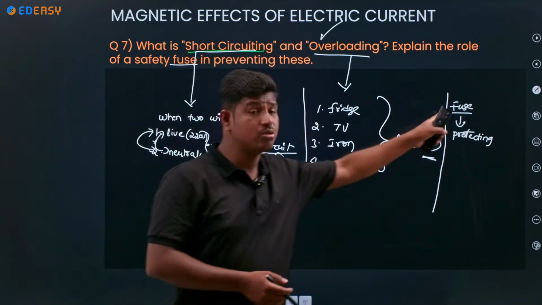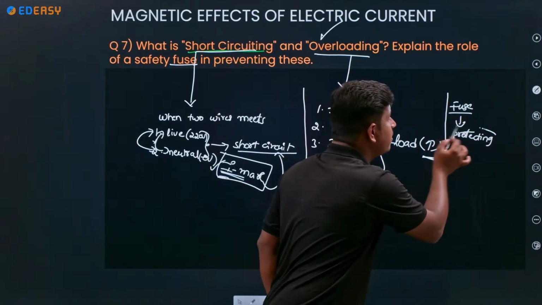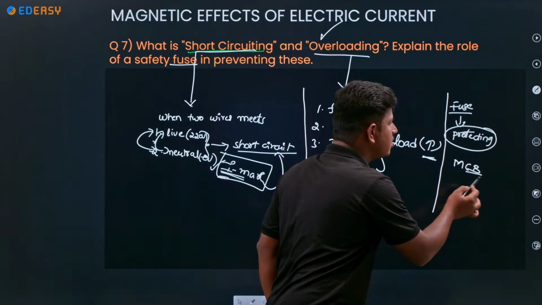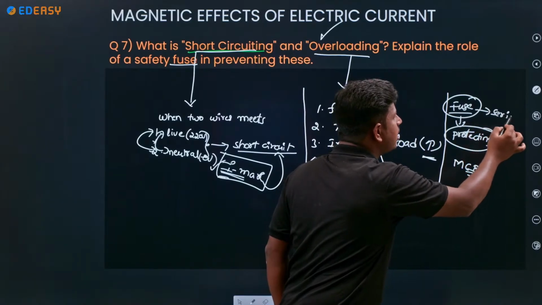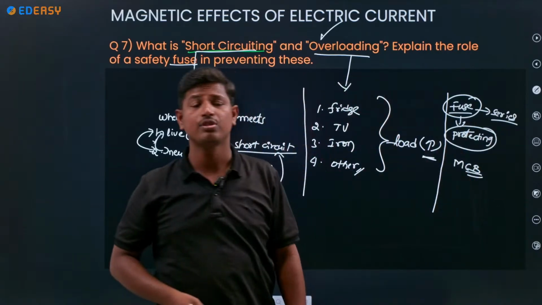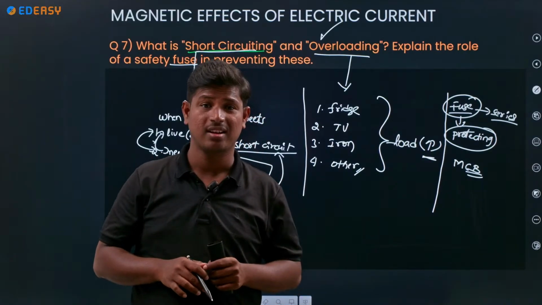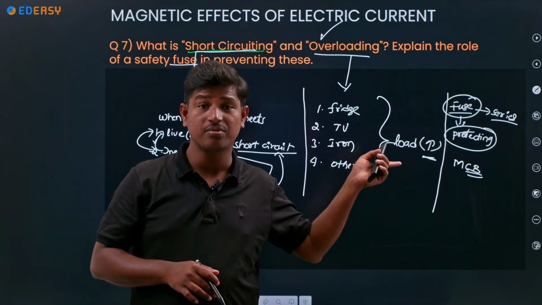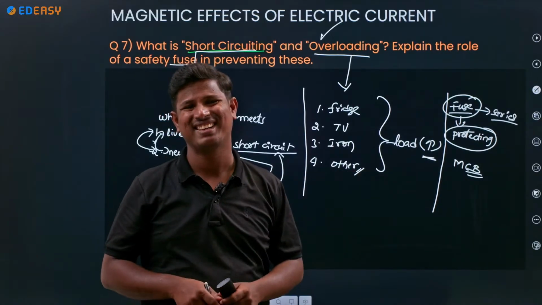That's why we use a fuse for protection. Nowadays, in place of a fuse we use an MCB. How is a fuse connected? A fuse is always connected in series. We discussed the fuse in the electricity chapter. In place of a fuse, we now replace it with an MCB, miniature circuit breaker.